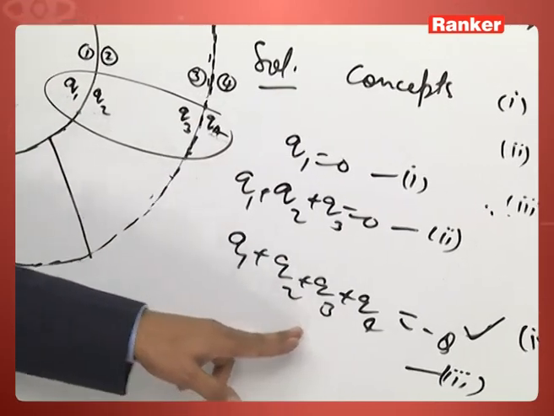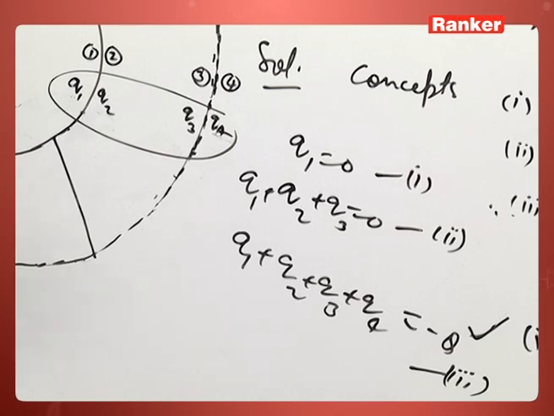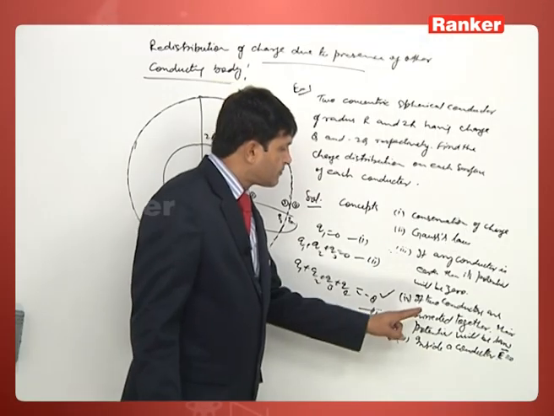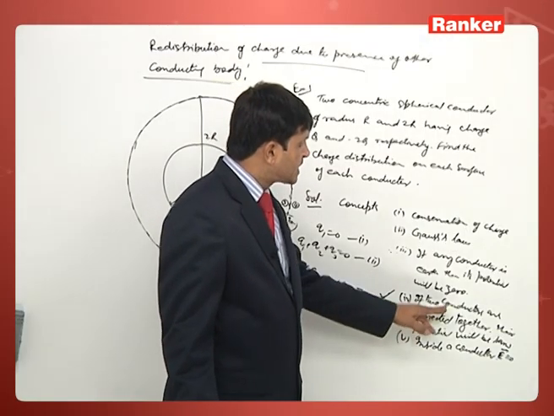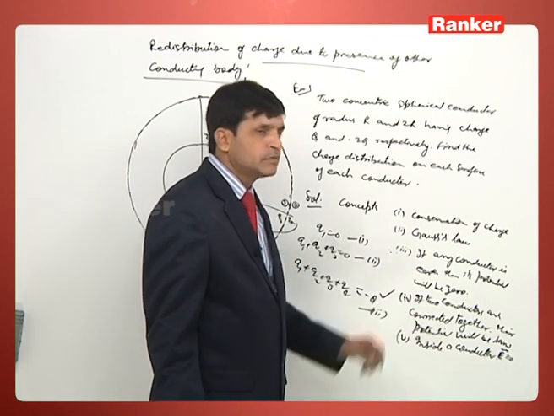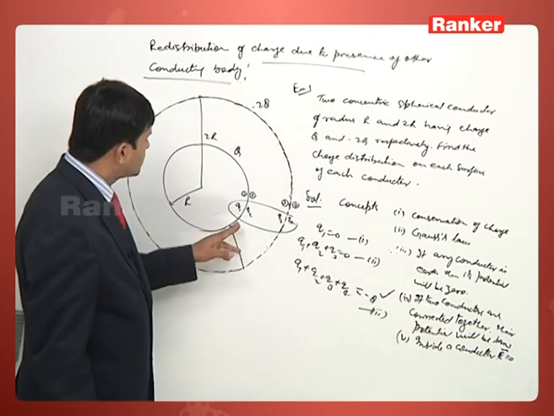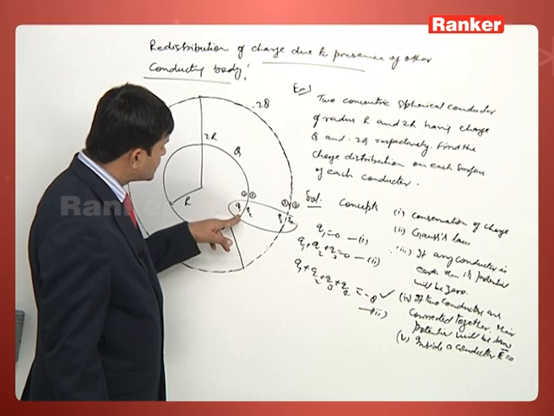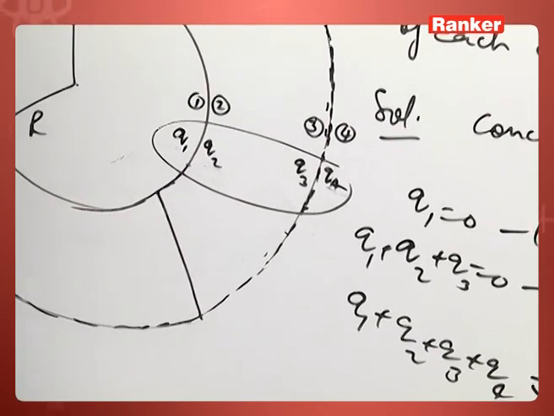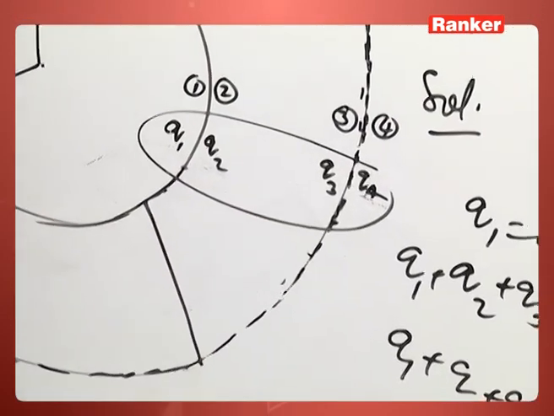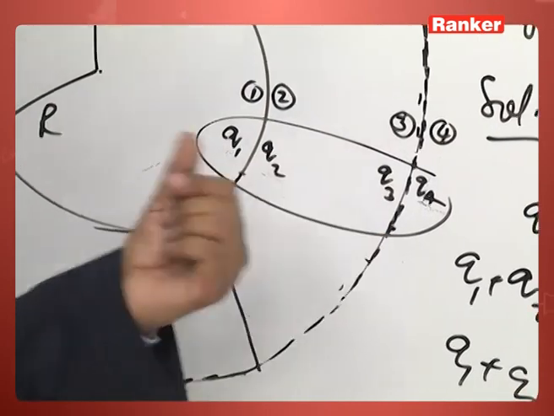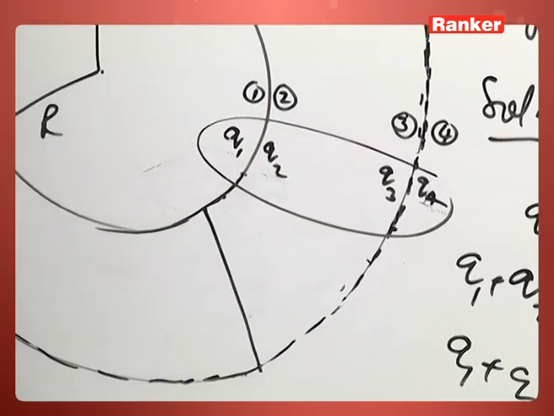Third equation, by using conservation of charge. And fourth equation, making the potential of these two the same. So we write the potential of this and the potential of this, and both must be the same, because after that the flow of charge will stop.